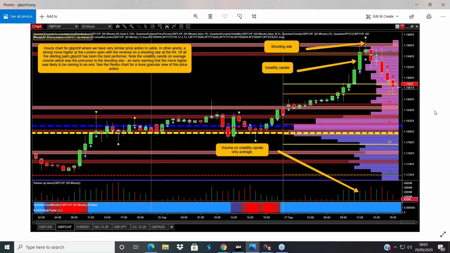You also have to be aware of the session crossovers, particularly from London and Europe moving into New York, where you can get a massive shift in sentiment. You've got different items of fundamental news coming out.